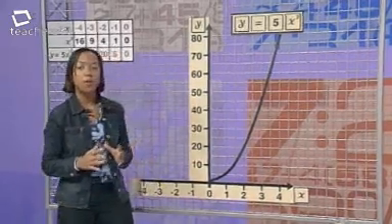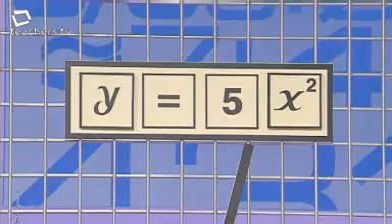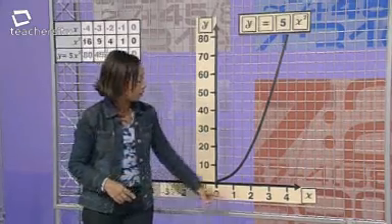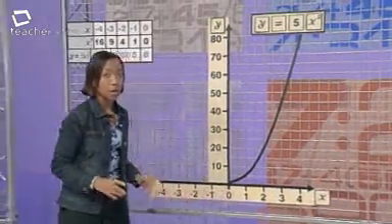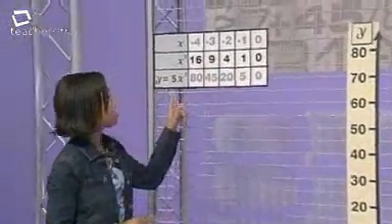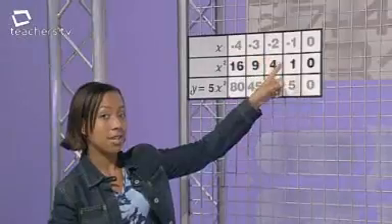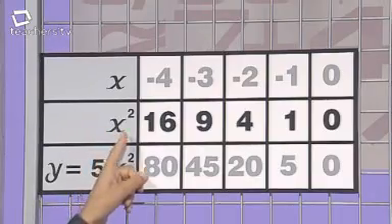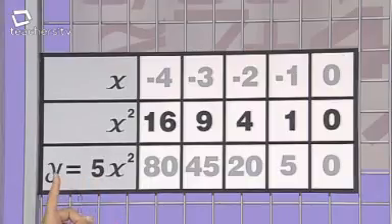The shape of the graph remains the same, but it's really only half the picture for this quadratic function. So far, we've only used positive values, but here is the table of values from -4 to 0. I've worked out x squared and multiplied that by 5 to get y.